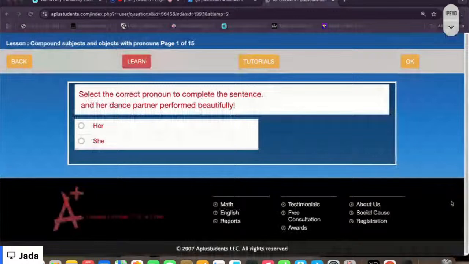All right, so select the correct pronoun to complete the sentence. Dash and her dance partner performed beautifully. Her or she? What's the right one here?